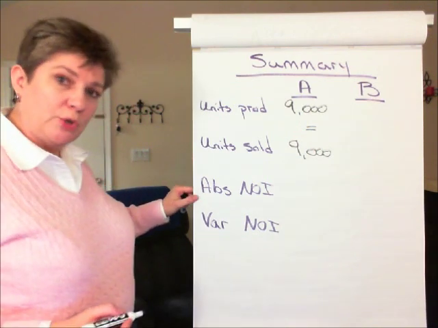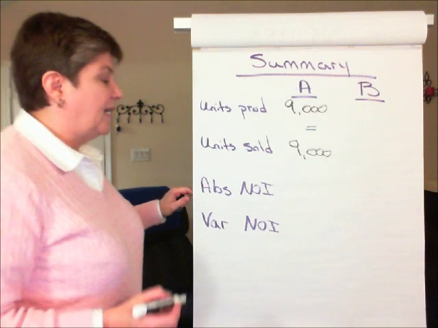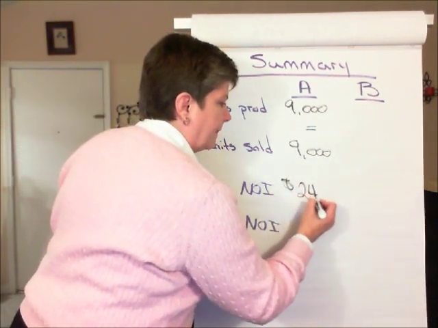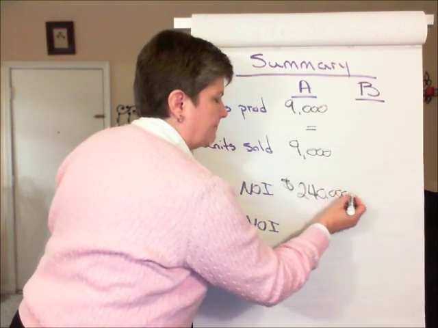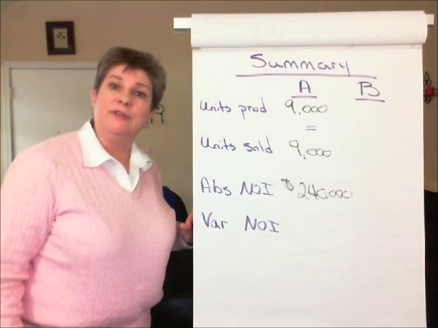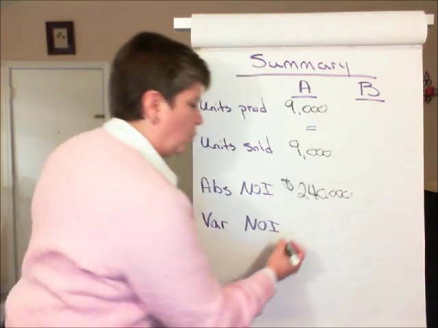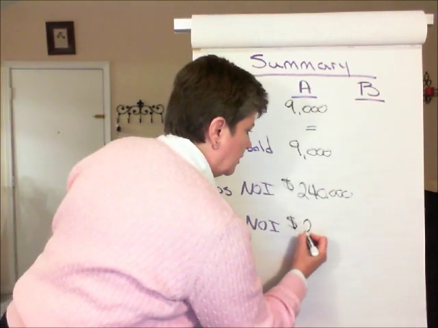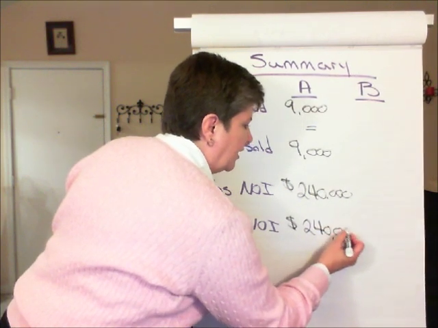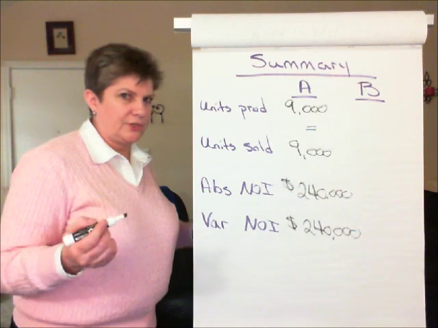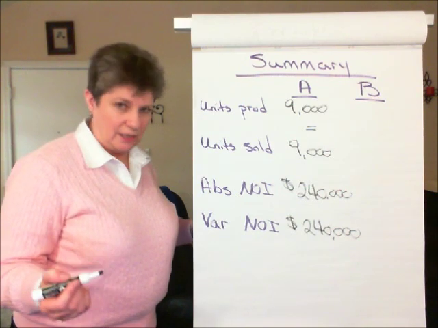Now, under absorption costing, net income was 240,000. And also, under variable costing for scenario A, net income was 240,000.